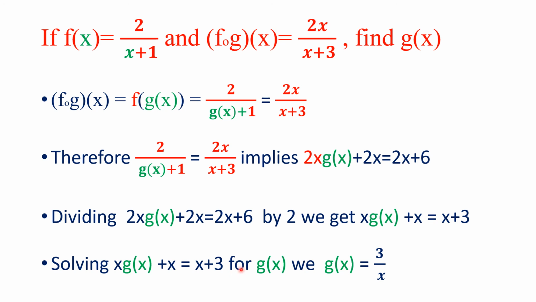From it, we can deduce that g of x is equal to 3 divided by x. Why? Because if we cancel x with x, we have x g of x equal to 3. So g of x is equal to 3 divided by x. And that's the answer, and that's it for this part of the midterm, and good luck.